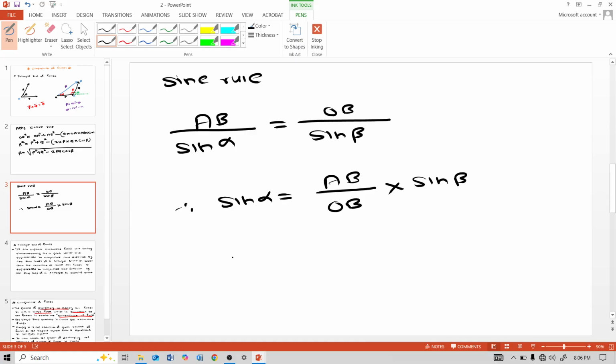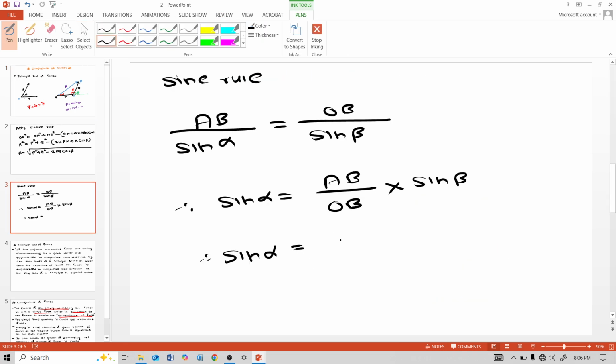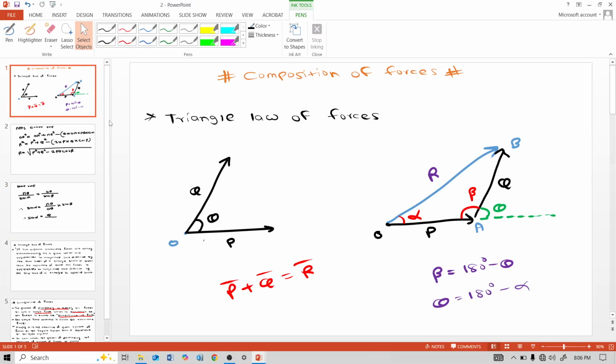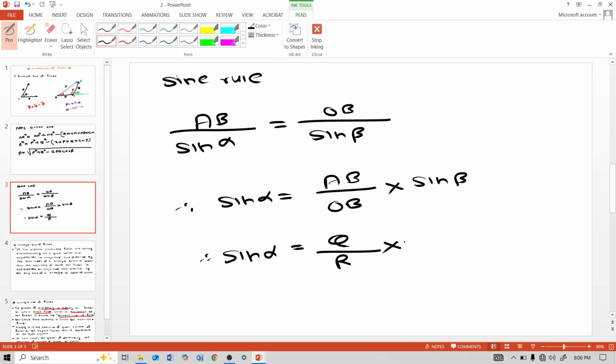Here AB is the Q force and OB is the resultant R force, multiplied by sine beta. So alpha is equal to sine inverse of Q upon R into sine of beta.